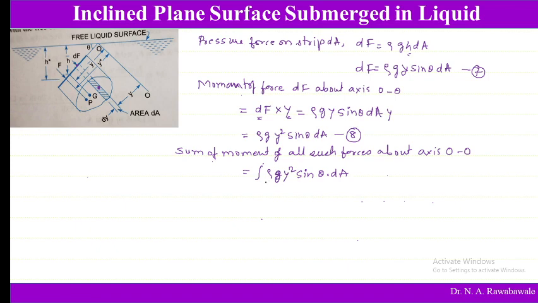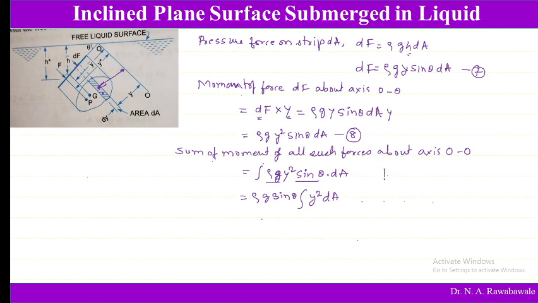So here rho g and sine theta are constant, and we integrate y square dA. Y is nothing but the distance of this strip from this axis O, and dA is the area. So second moment is nothing but moment of inertia.